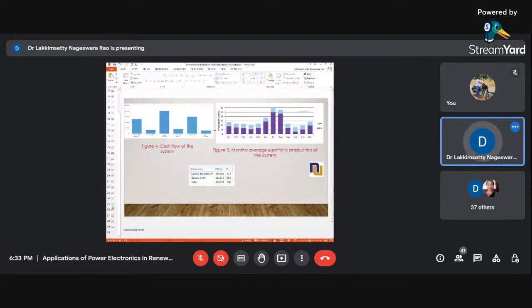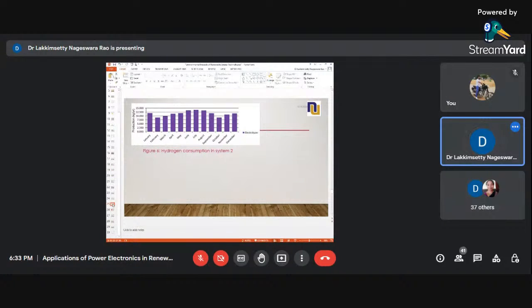Similarly, we can see some graphical representation here with respect to the monthly variation. How much hydrogen can be produced by the electrolysis method from January to December? With respect to kg per year, the hydrogen consumption in system 2, and similarly we can show system 1 also.